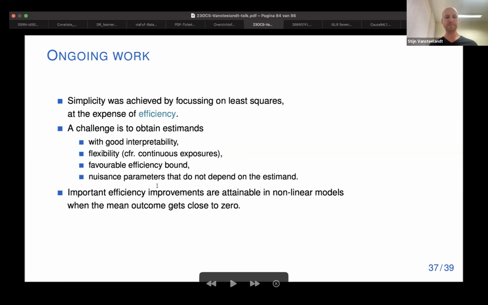We're doing some work on seeing whether we can obtain estimands that are still interpretable but have more favorable efficiency, and I think we're making some progress there. In the context of nonlinear models, we see quite big improvements.